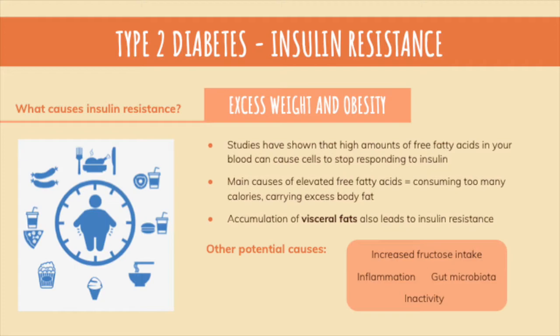So reducing this and reducing body weight is one of the main management strategies for type 2 diabetes, and it's why we always put an emphasis on exercising more and having enough daily activity. Other potential causes of insulin resistance could be increased fructose intake, inflammation, gut microbiota, and inactivity in general.